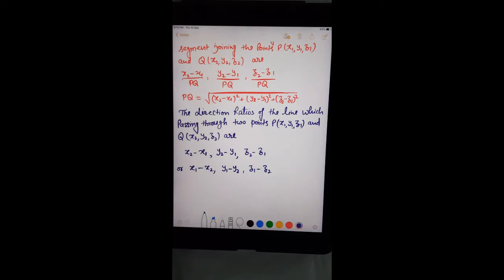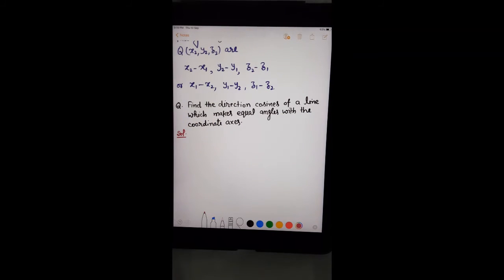So again we are getting two sets of direction ratios. So in this way, if a line is given which is passing through 2 points, we can find the direction ratio of that line.